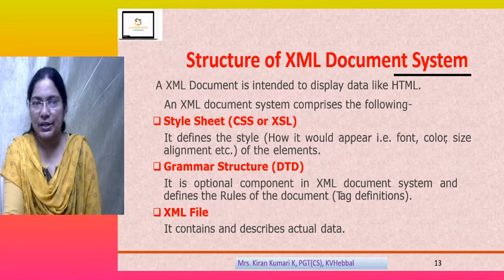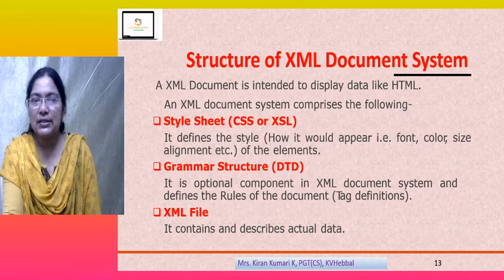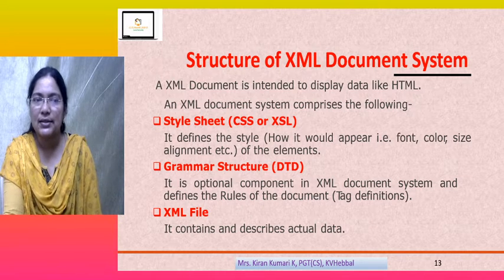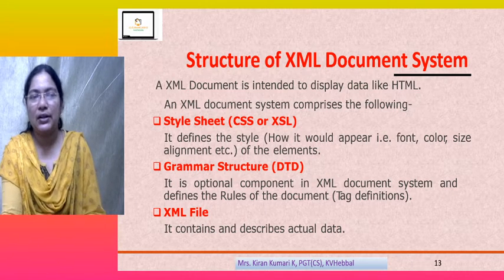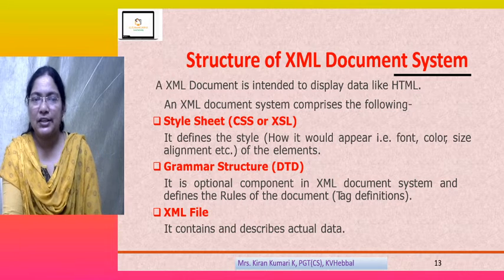What is the full form of CSS? Cascading style sheet, or extensible style sheets also you can use. It defines the style, how it would appear, for example font, color, size, alignment. These are the different styles you can apply to the textual information.